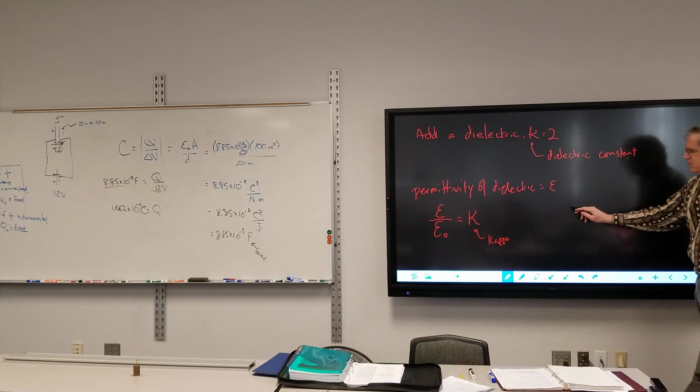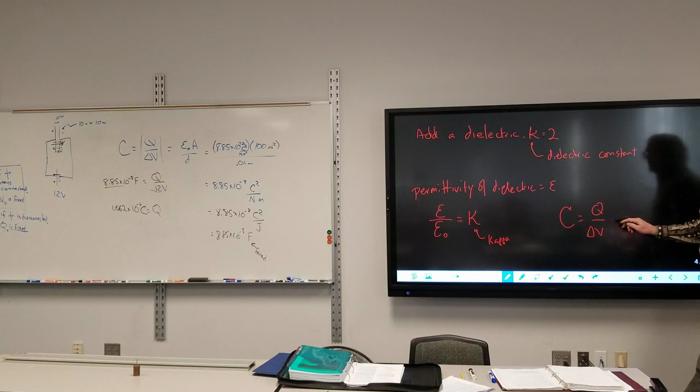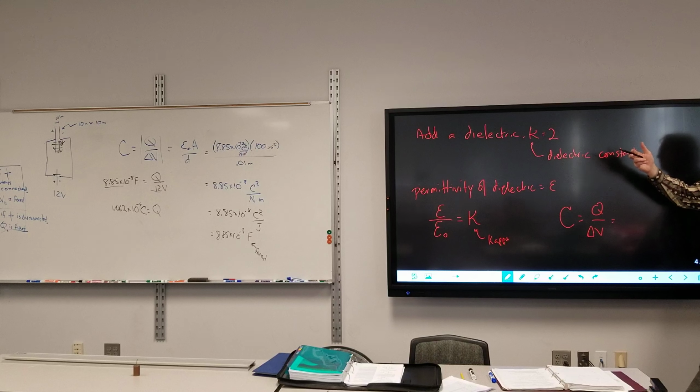So my capacitance, Q over delta V, is equal to, well, I just can't get away with epsilon sub naught anymore because I am dealing with the dielectric.